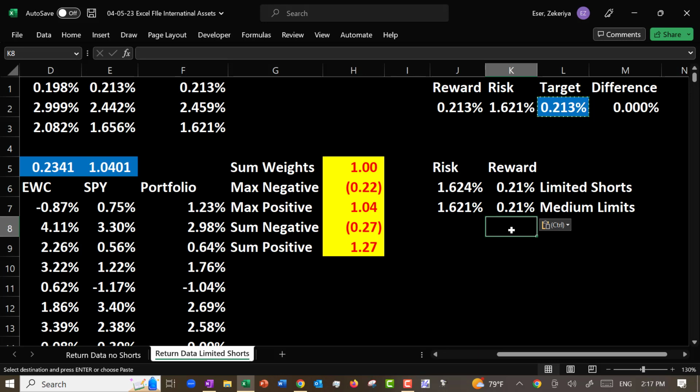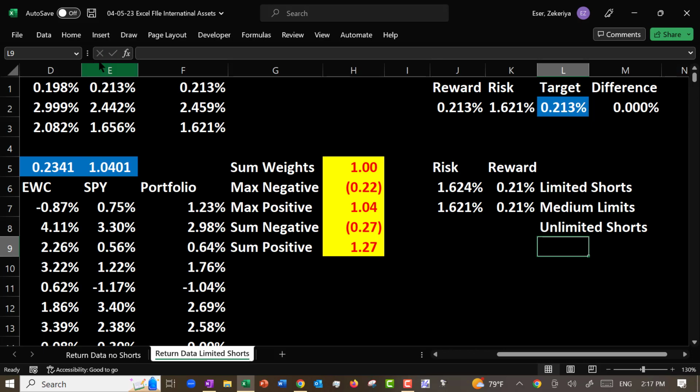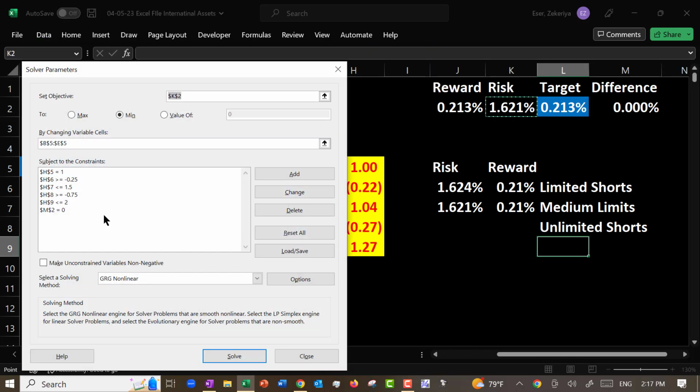Let's do unlimited shorts. So I'm going to actually, I don't want to, I'm going to delete that one.